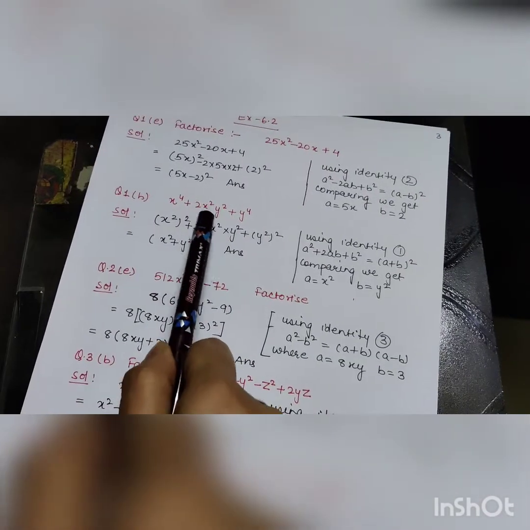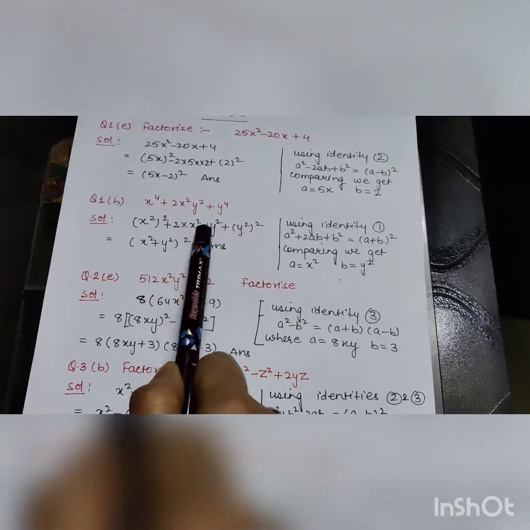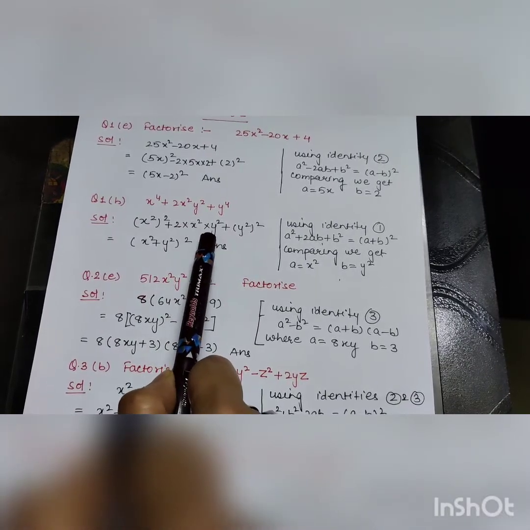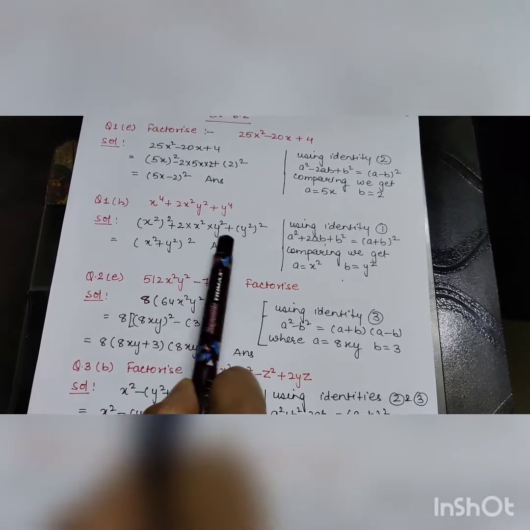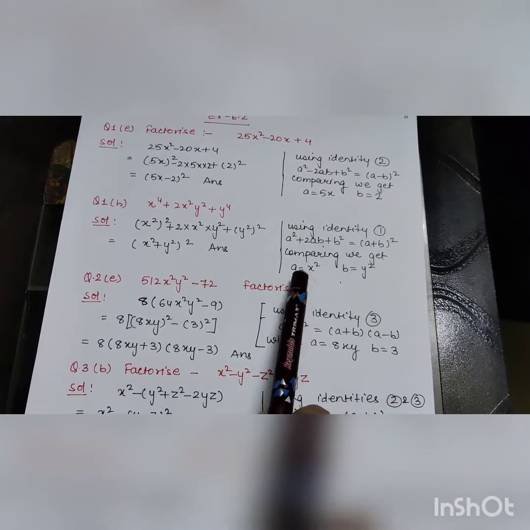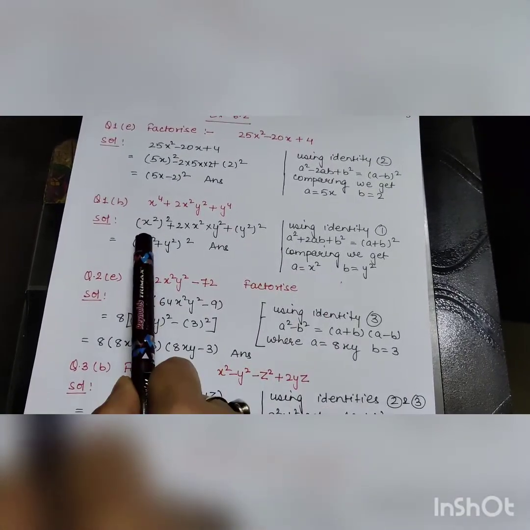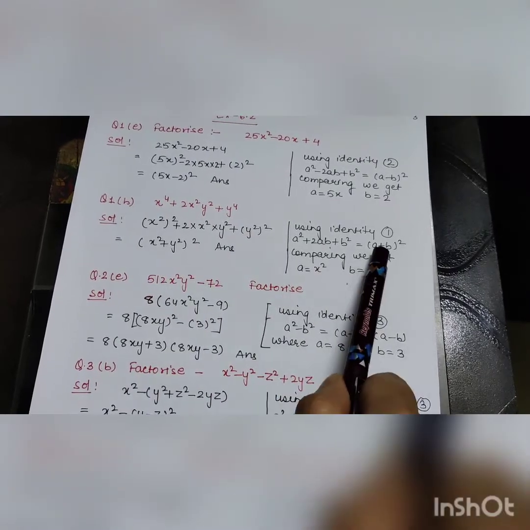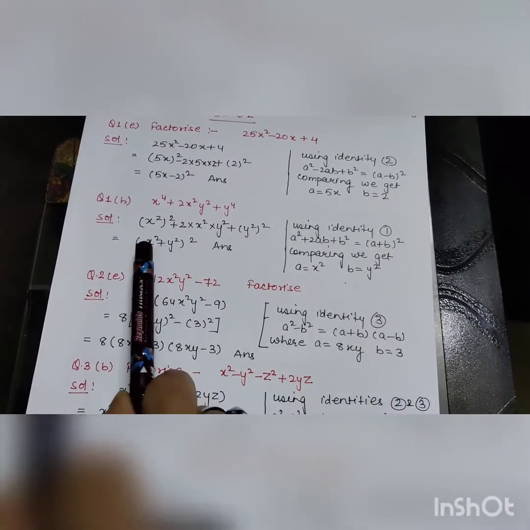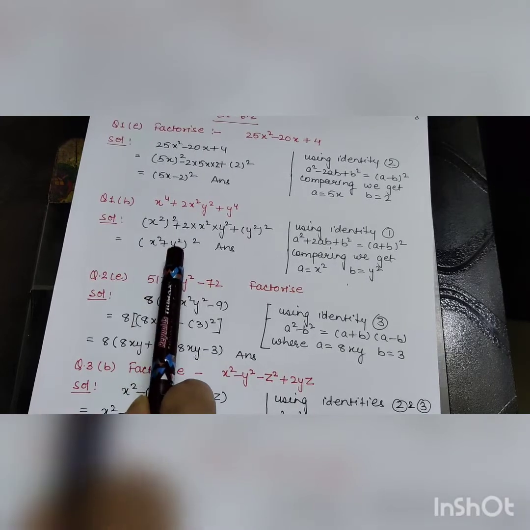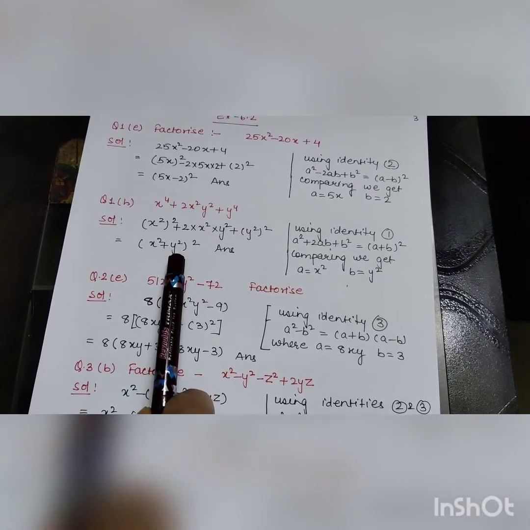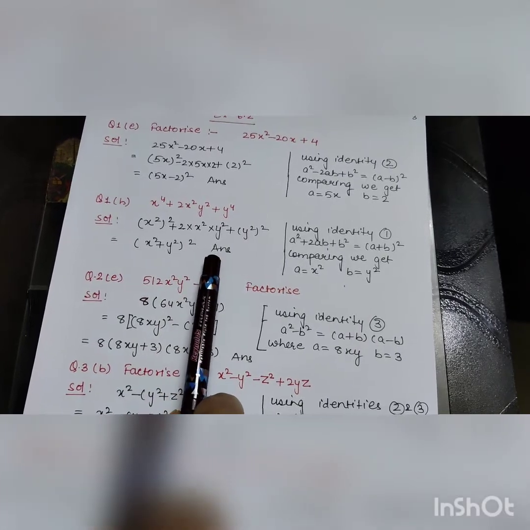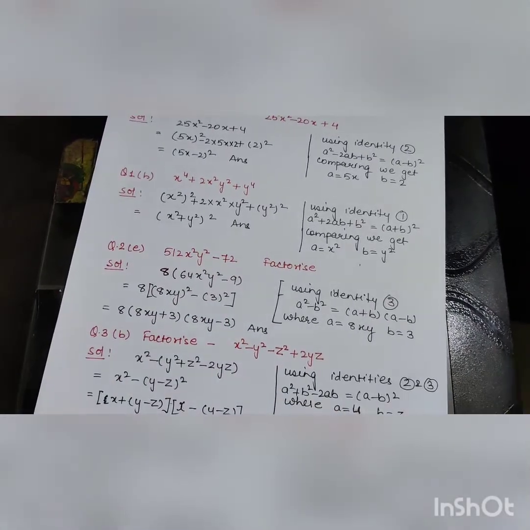And this term 2x square y square can be written in 2ab form, 2 into x square into y square. So after comparison you can see that a is equal to x square and b is equal to y square. So this can be written as a plus b whole square, or x square plus y square whole square. So this is the solution of this.